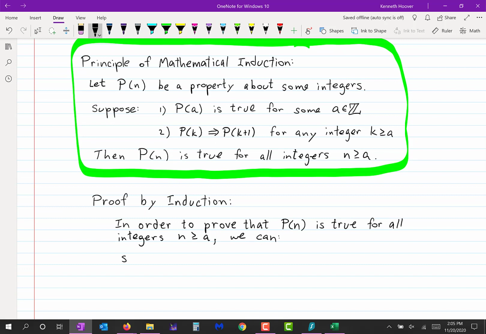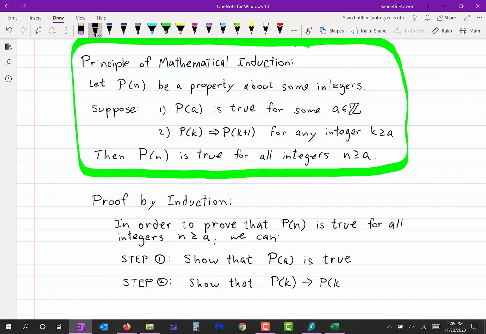Step 1: show that P of A is true. Step 2: show that P of K implies P of K plus 1.